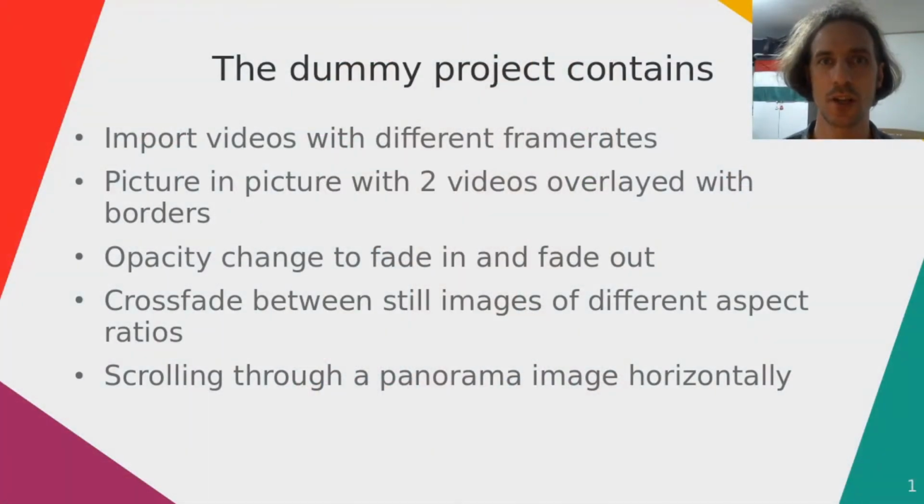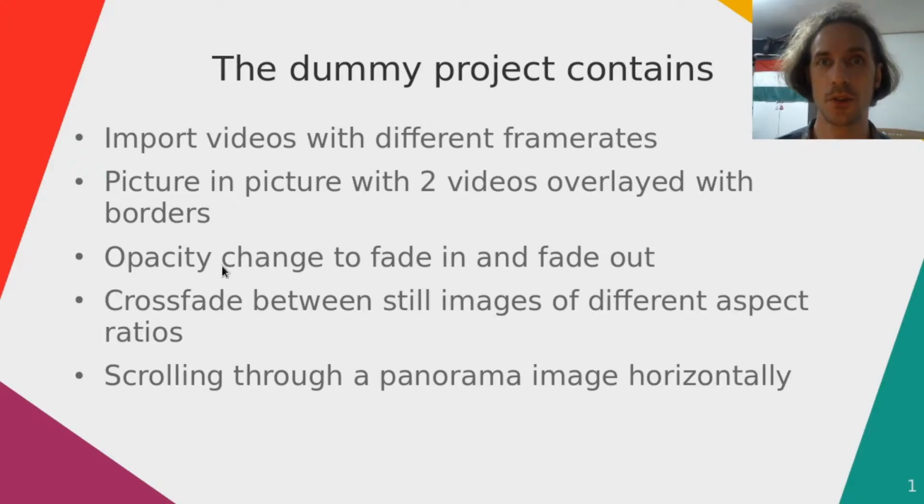So this dummy project I will be making to test these video editors will contain videos with different frame rates. I will also try to make a picture-in-picture with two videos overlaid on a third one with borders around the videos.